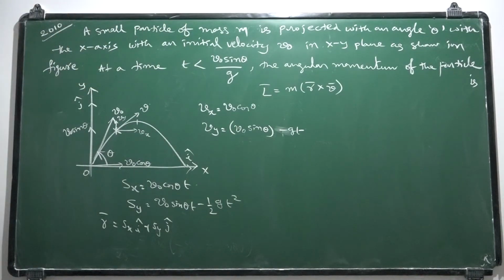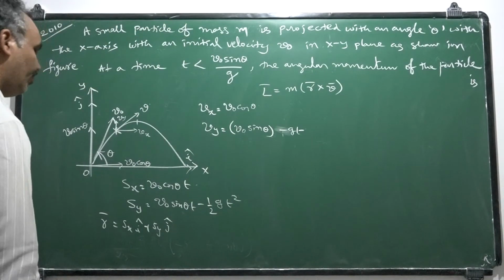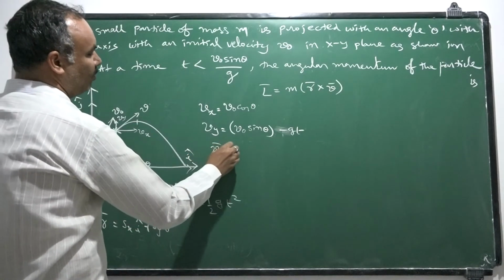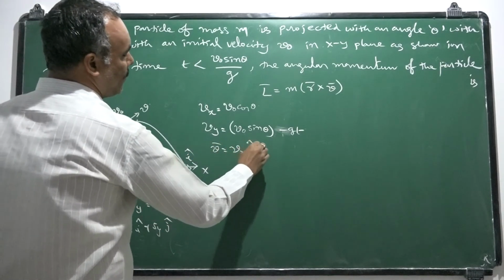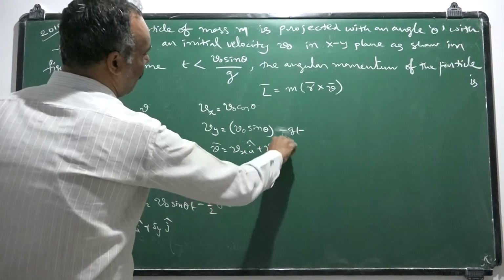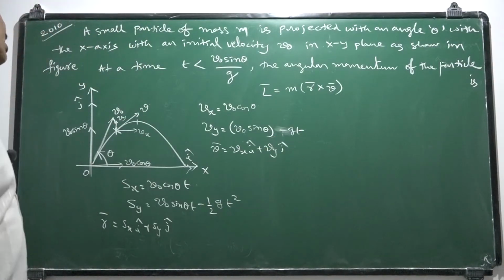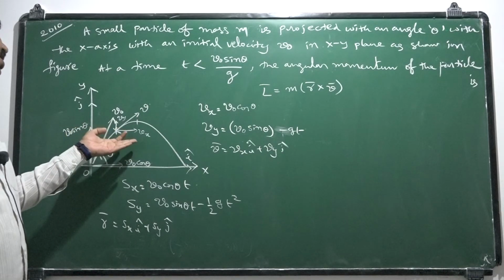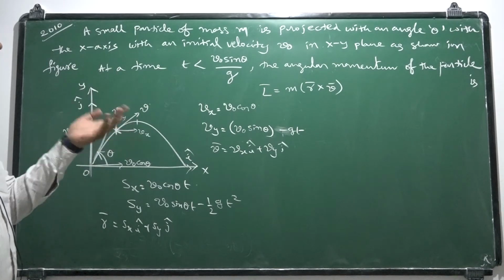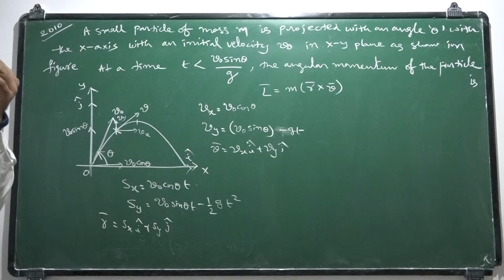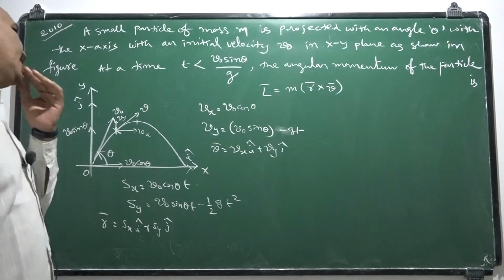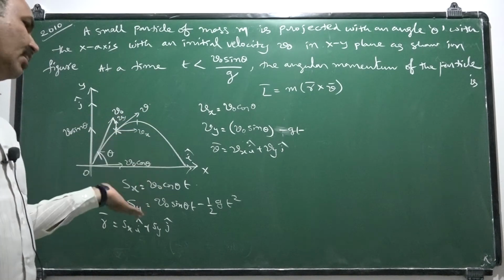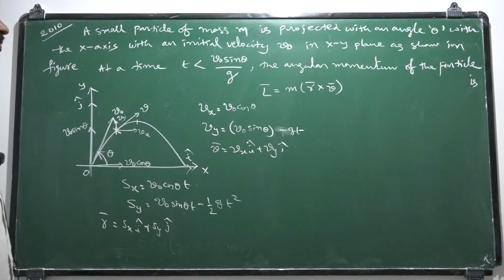So the velocity vector v bar is vx i cap plus vy j cap. As the particle is on this side, x component and y component are both positive. We need not take a minus sign over there. As the body is moving against gravity, only the acceleration we should take as minus.